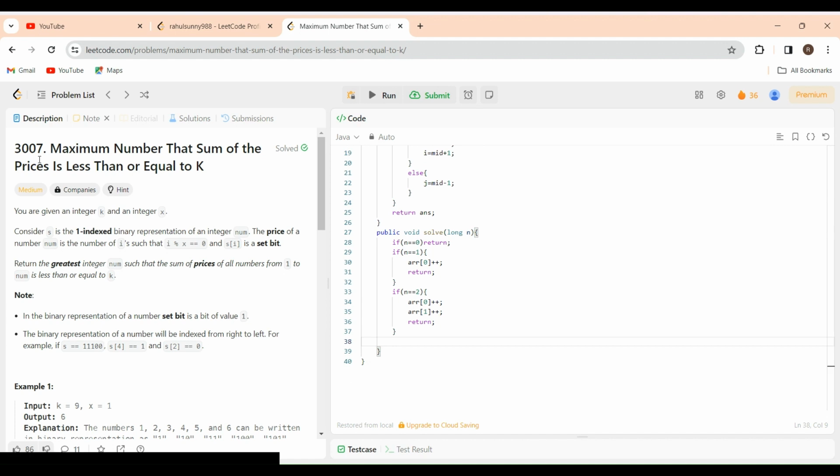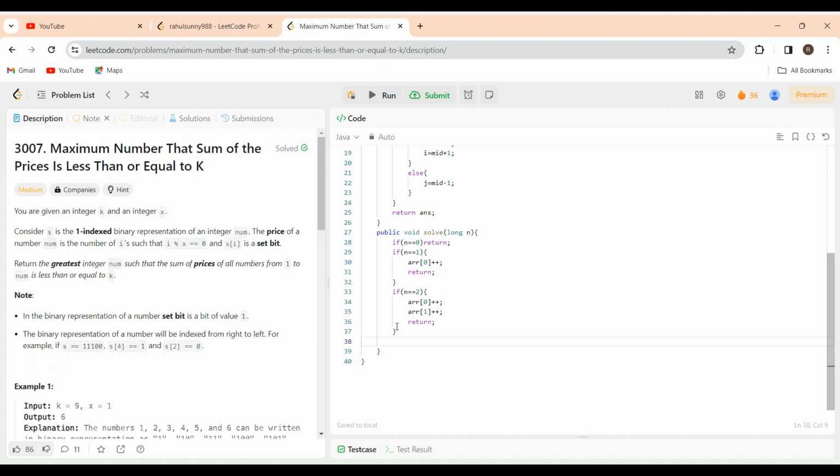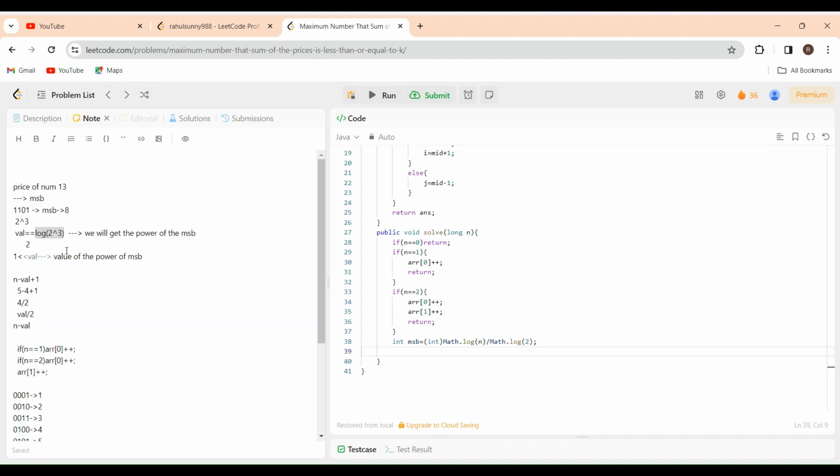Now we have to calculate the most significant bit index value here. How to calculate that? We can calculate MSB equal to Math.log of n by Math.log of 2. If we do this, then we will get that MSB here. Now we need to get the MSB value here.